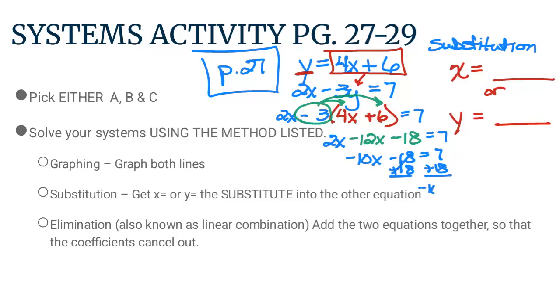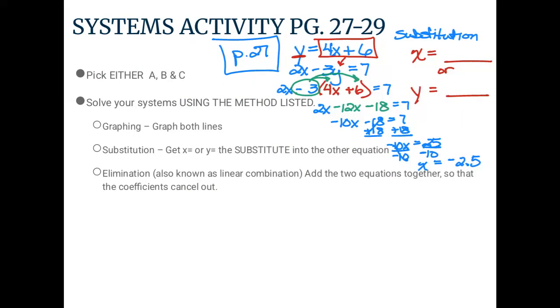I get -10x is equal to 25. Yeah, this is kind of looking like x equals -2.5. Okay, so maybe we did get the x value correct. A couple of you.